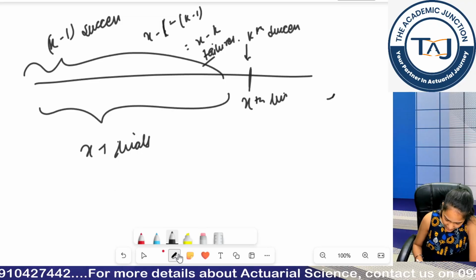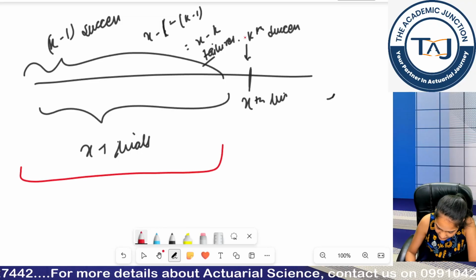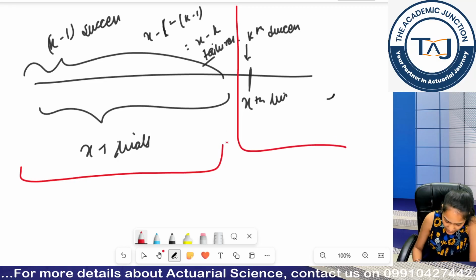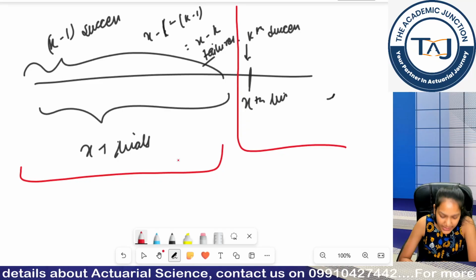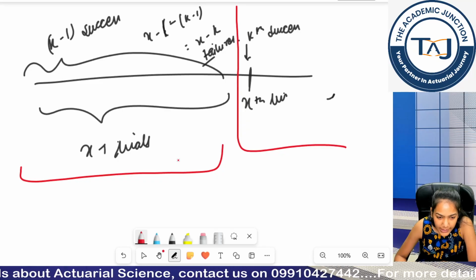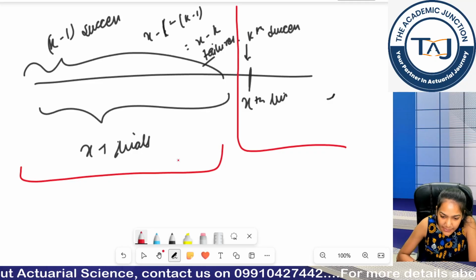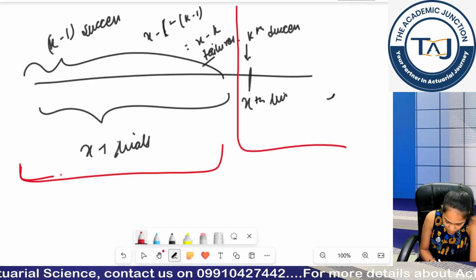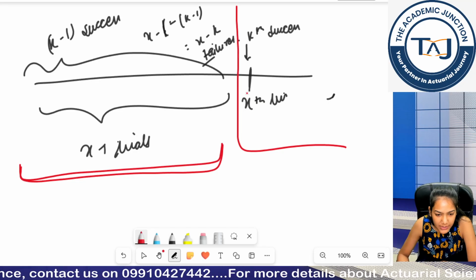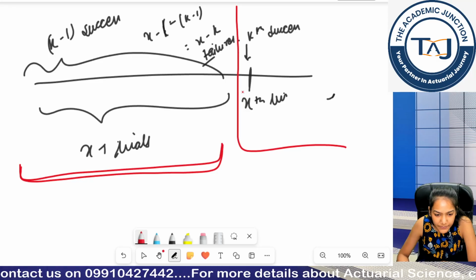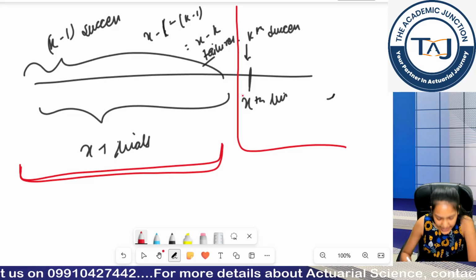So now coming to this phase, let's forget this case for now, coming to X minus 1 trials. Till X minus 1 trials, which distribution is this following? Till my X minus 1 trials, what is the distribution being followed? Quickly give me the answer in the chat box. Yes, binomial distribution.